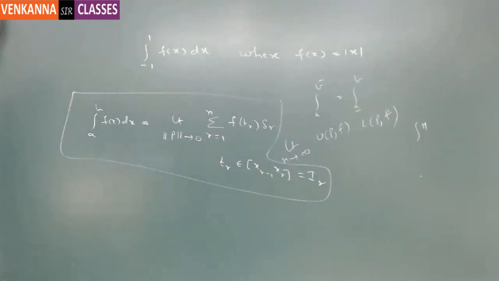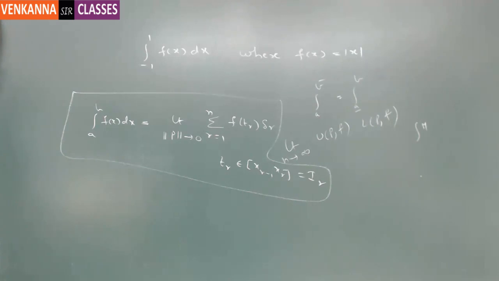You consider a partition, you take n subintervals, and as we know, integration is nothing but the sum of the values. So the integral from a to b of f of x dx is equal to the limit as norm P tends to 0 of the summation r equal to 1 to n of f of tr delta r.